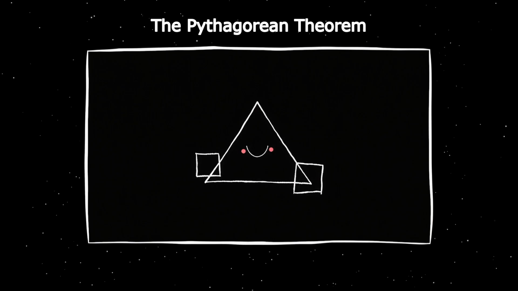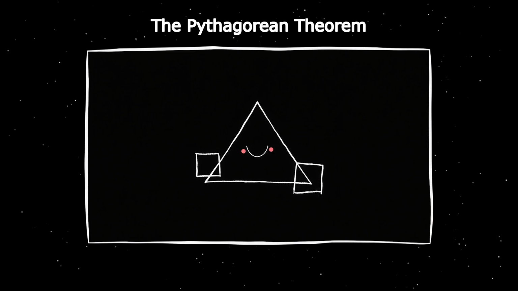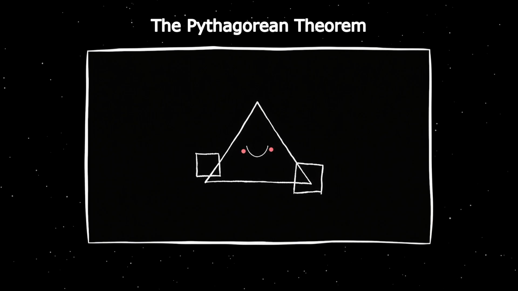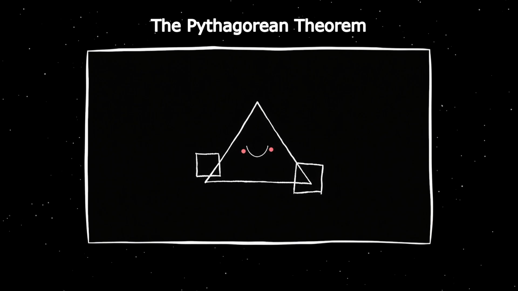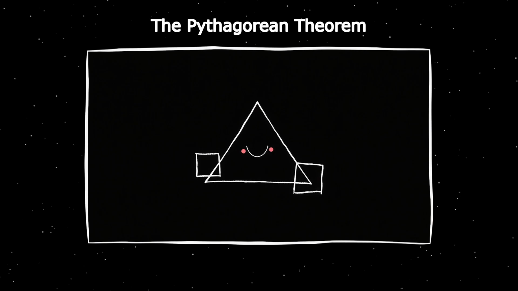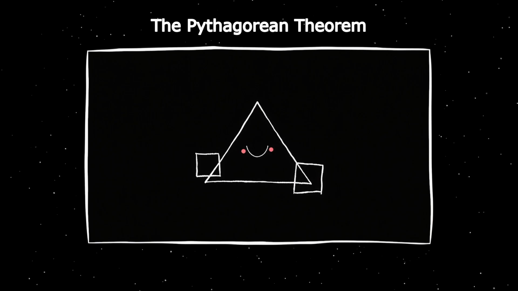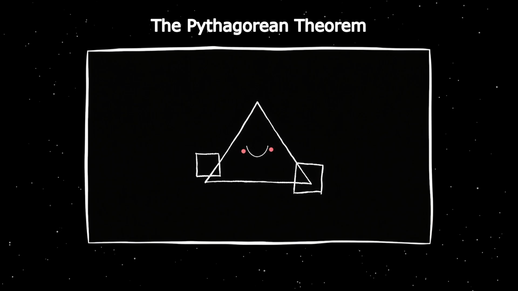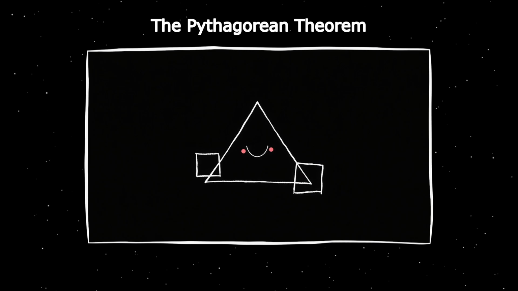Then, we add these two results together. 9 plus 16 equals 25. Finally, to find the length of the hypotenuse, we take the square root of 25, which gives us 5. So, in this right triangle, the hypotenuse measures 5 units.